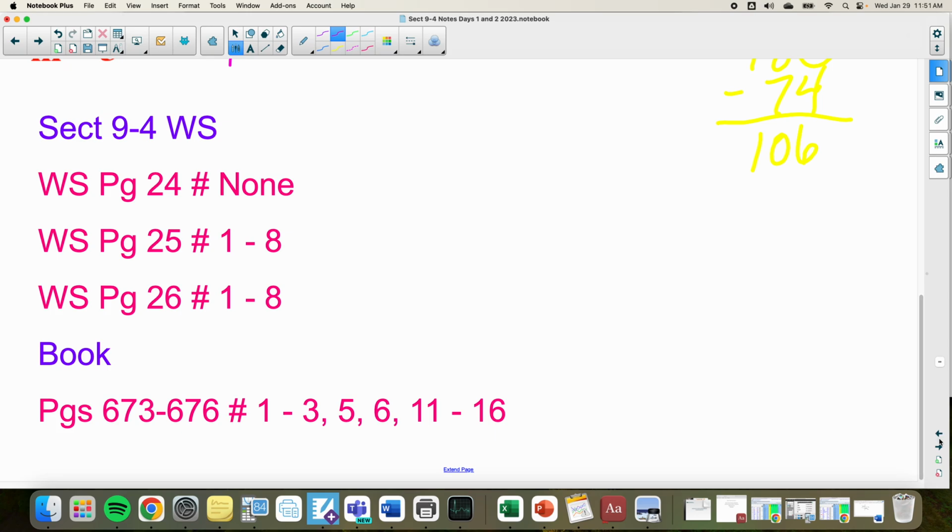Okay, actually, I lied, you guys. So this is a worksheet online, and hopefully it says, the first page you don't do any, and then you do 8 problems on each of those, and then here is a book assignment. So you can just do section 9-4, day 1 worksheet, and then do those problems, okay? Notebook?